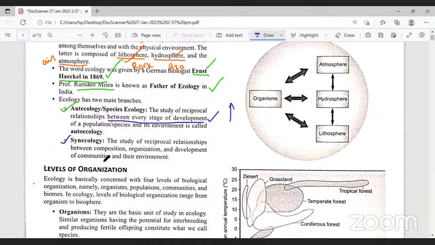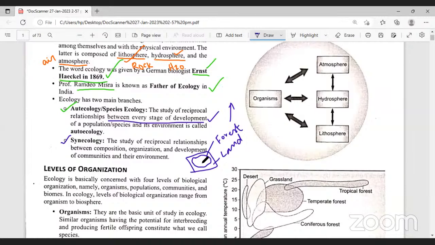Take an example, such as a rat. Suppose this is the total land area, imagine. Here there is a forest, and the remaining is land. This part is considered a land place, and this one is called forest.